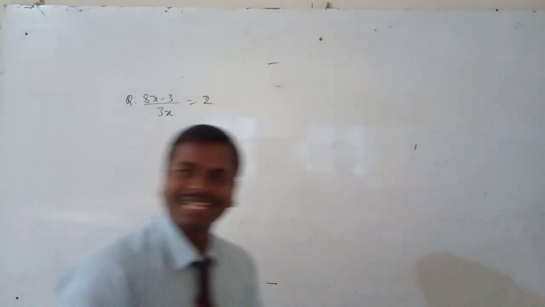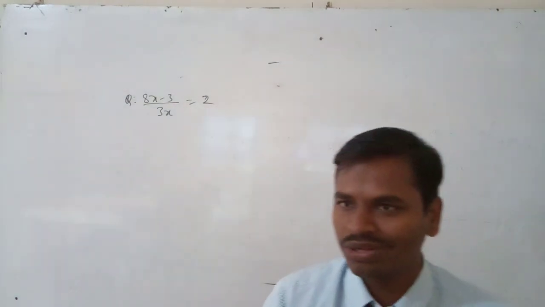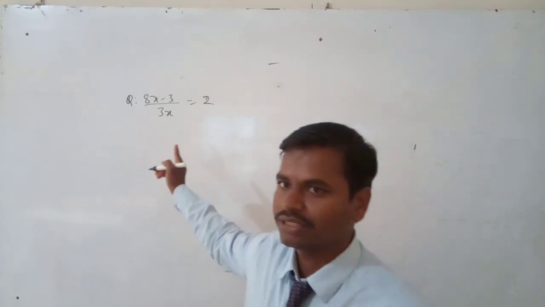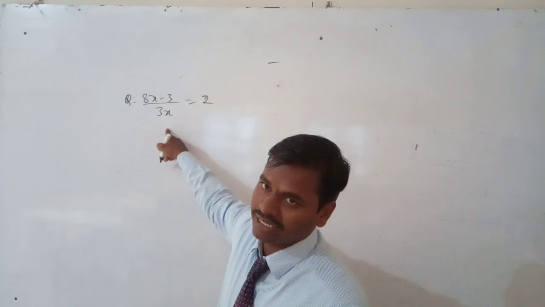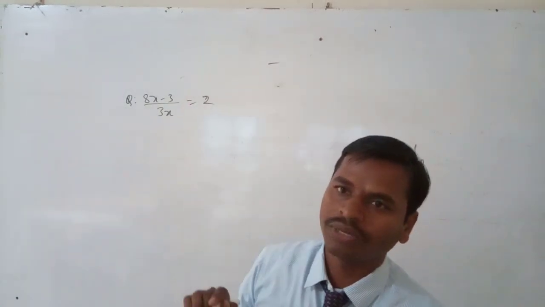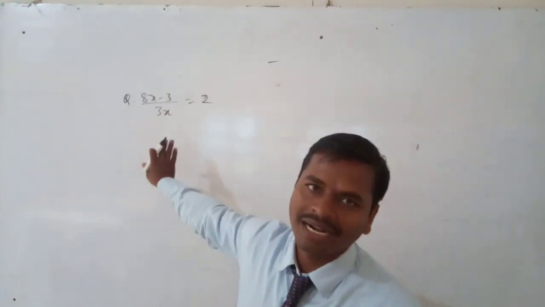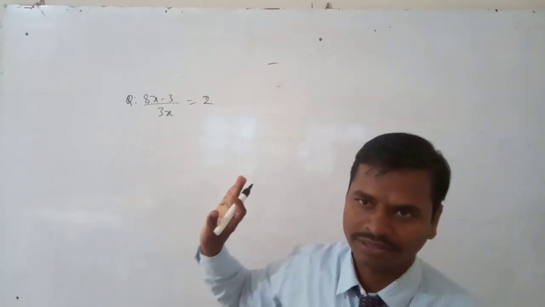This question is not in standard form, it is not in a linear form. We should reduce this equation to the linear form and solve it. Here division is there. After simplifying, whether we get the same answer or not, we cannot tell. First we should reduce to the standard linear form, then solve these equations.